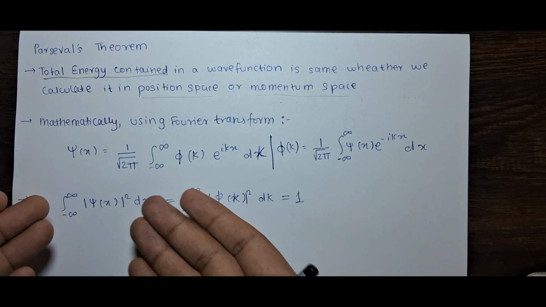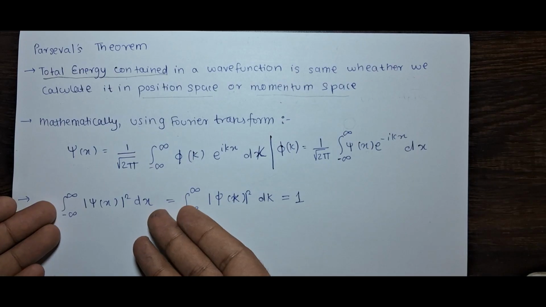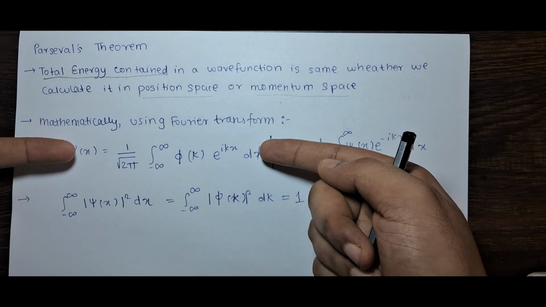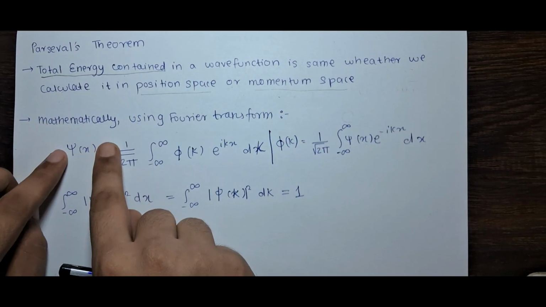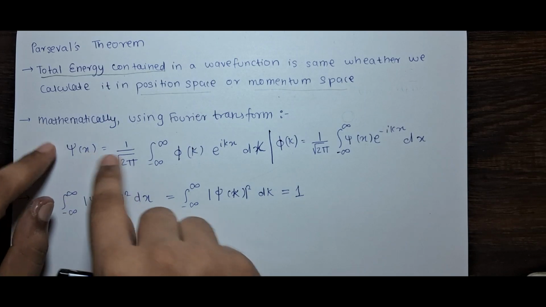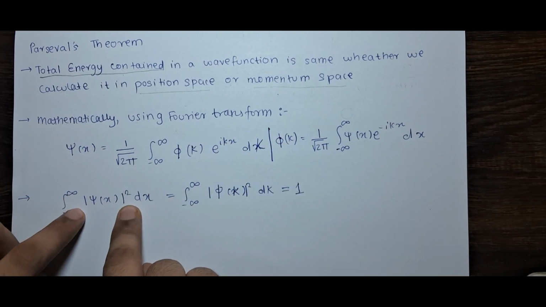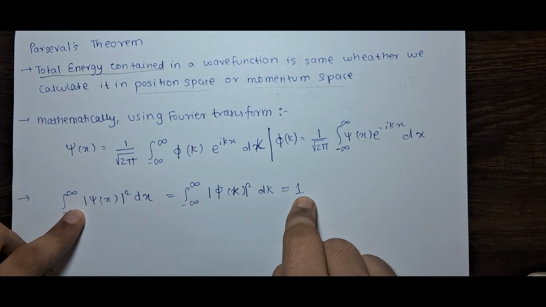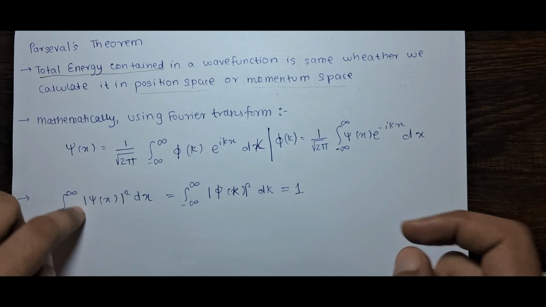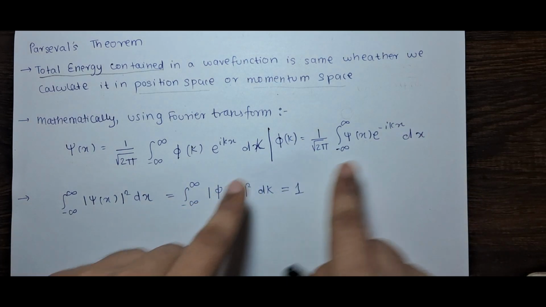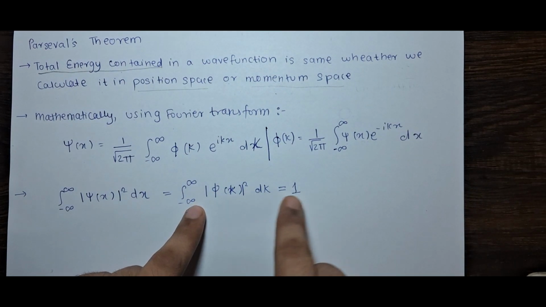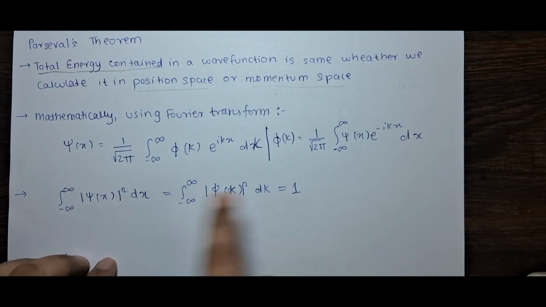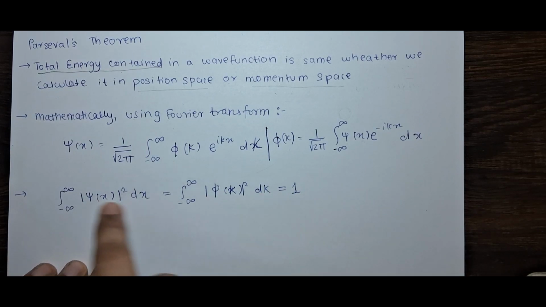Let's say we are normalizing exactly this equation, psi of x. We put this here and we get 1. Now we put this here and we get 1. So we get 1 in both ways.